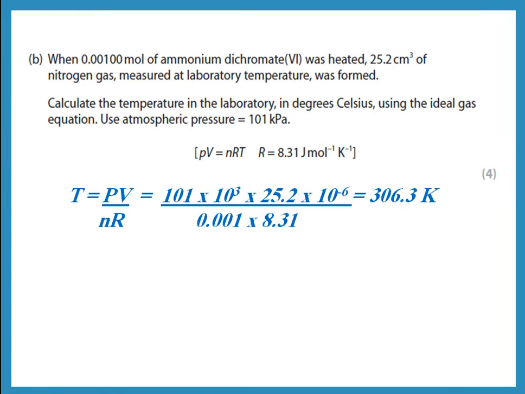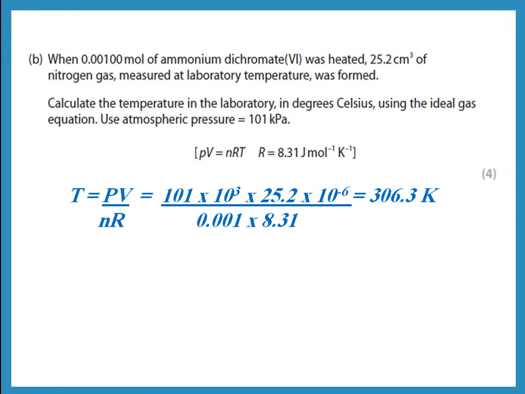So from that law, temperature would be equal to PV over nR. Now, what is the P? He says the pressure is 101 kilopascal. In order to put it into this equation, it has to be in Pascal, so I have to multiply it by 10 to the power 3.